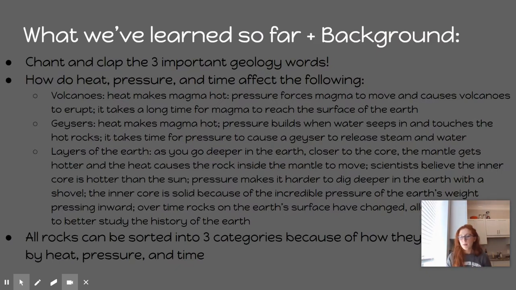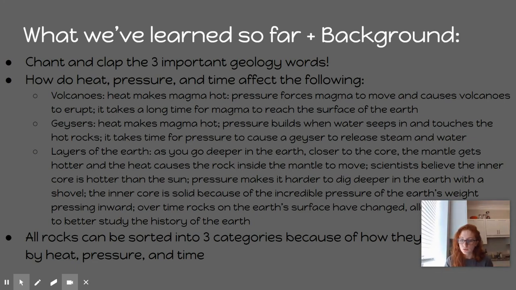Okay, who remembers our three important geology words? They had hand motions. We had heat, pressure, and time. Now you do it. Heat, pressure, time. How do heat, pressure, and time affect volcanoes?